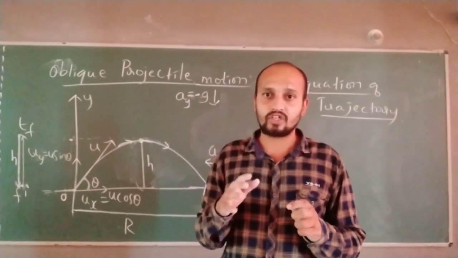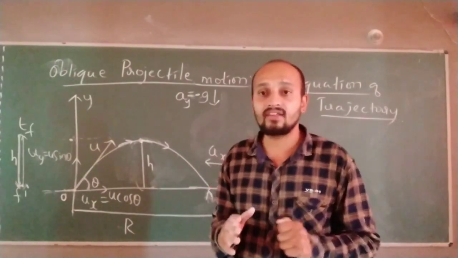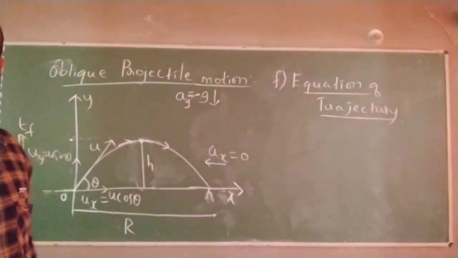That is why in physics, the equation of the line refers to the path followed by a projectile motion.